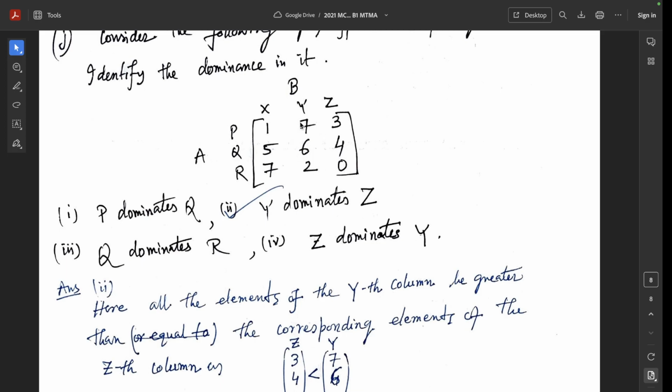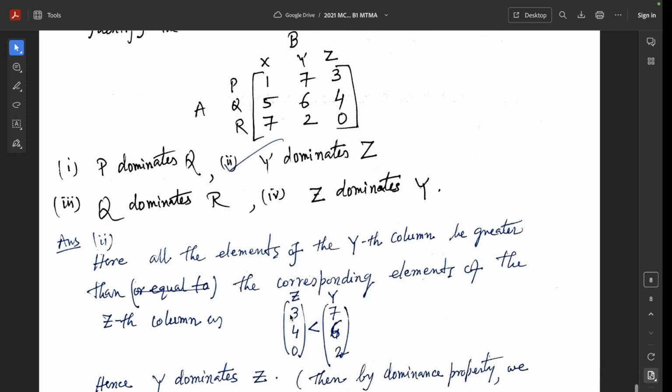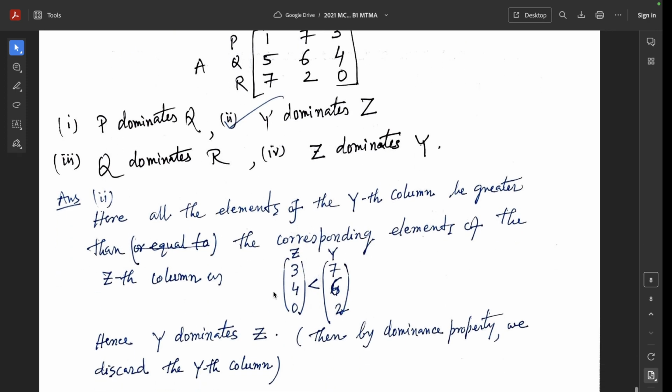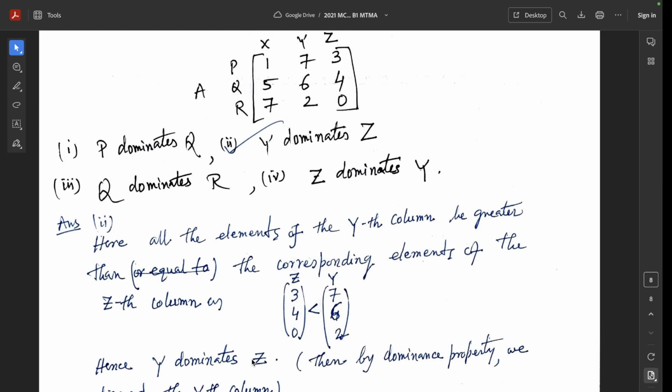So obviously the second column dominates the third column. So Y dominates Z. Then by the dominance property, we discard the Y column. Thank you. This completes the multiple choice questions 2021.